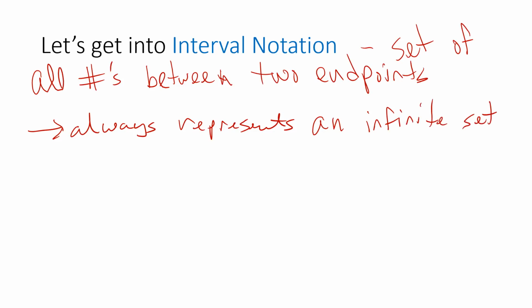And we use 2 different types of symbols to denote if we include an endpoint or if we exclude the endpoint. So we use parentheses when we exclude the endpoint.